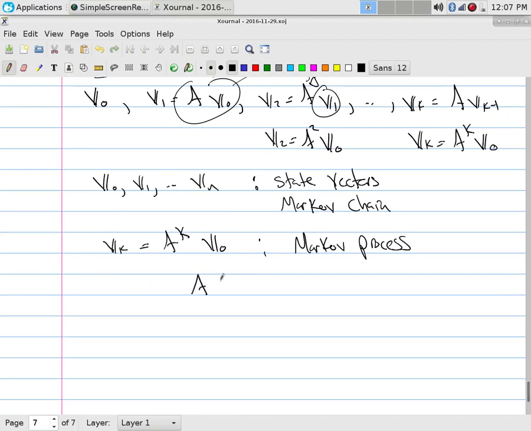A itself is normally called a transition matrix. The examples that we did before would be like, there's so many people that live in the city, there's so many people that live in the suburb, and there's a moving process going on. 80% stay, 20% go. And then 30% leave from one, 70% go.